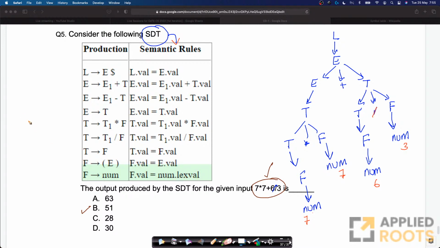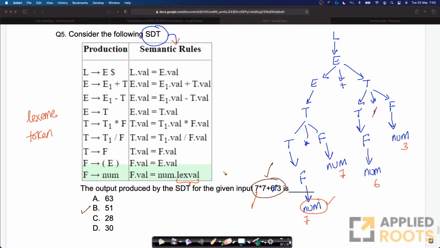Somebody asked this question: sir, can you give me an example of what is a lexeme and what is a token? So here num is a token. It says that there is a number. 7 is the lexeme, because this is like an expression in the code. Look at this, it says num.lexval. So 7 is the lexeme, num is the token here.